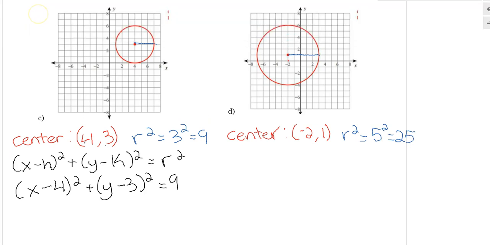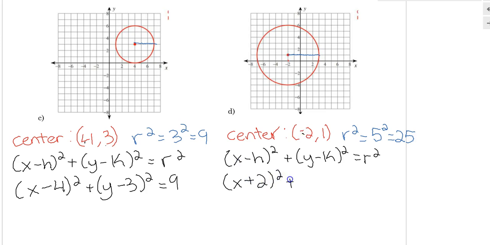And finally, our equation of a circle is (x minus h) squared plus (y minus k) squared equals r squared. Again, make sure you change your sign. X is negative, so I have (x plus 2) squared. (Y minus 1) squared. And then r squared is 25. And that's our answer. And that is it. Go ahead and work on your activity.